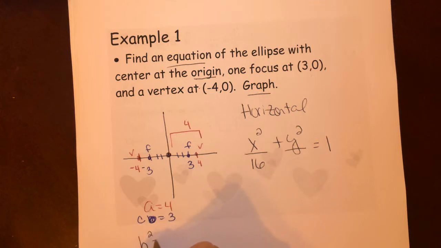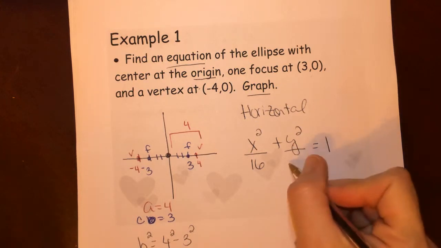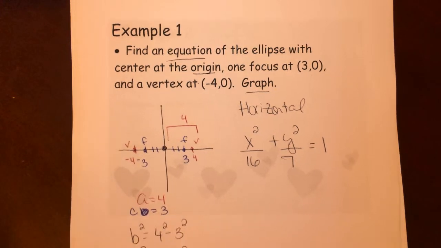So b squared equals a squared minus c squared, so b squared equals 16 minus 9. So b squared equals 7. Now to write the equation, I don't need b, I need b squared. To do the graph, I need to know what b is. So b is the square root of 7.